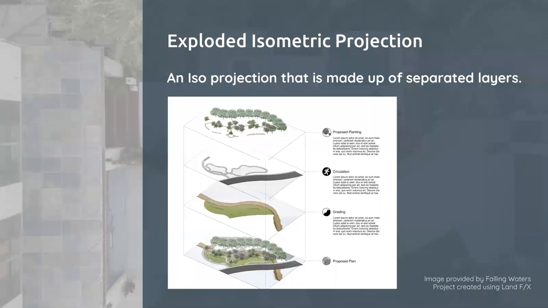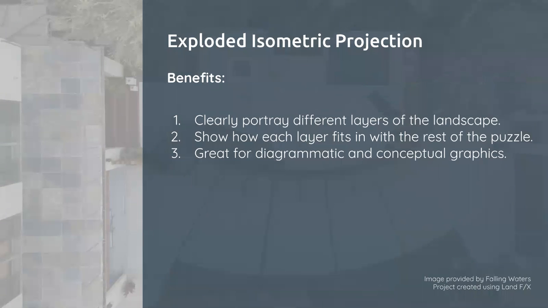And an exploded isometric projection is just an isometric drawing that has been created in layers and then spread apart so that you can clearly see how the different layers of the isometric are working together. When using this with landscape architecture or landscape design, it has a few benefits.